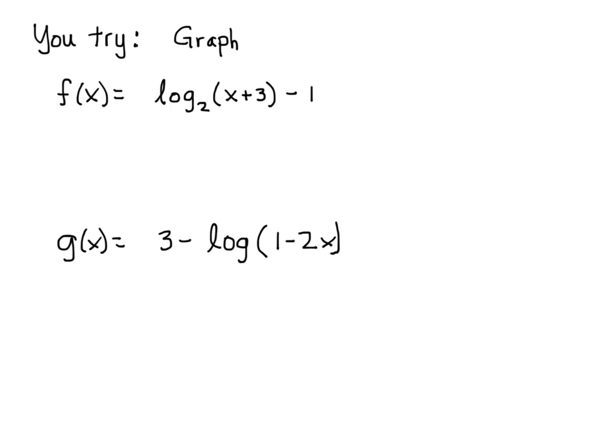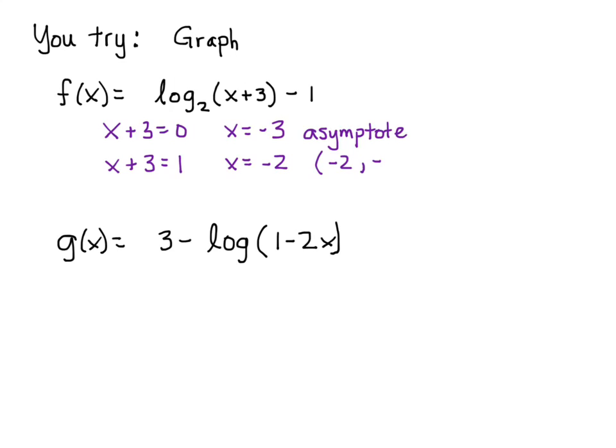Okay, so let me first calculate those points. I see some of you have either succeeded or not yet. So let's calculate those points. We want to first find where the asymptote is by setting it equal to 0. And then we set it equal to 1 and to its base, 2. And so we get these three facts.